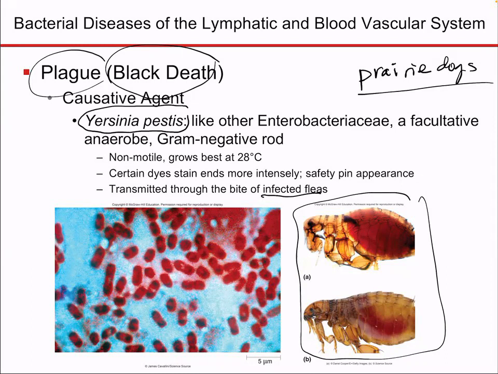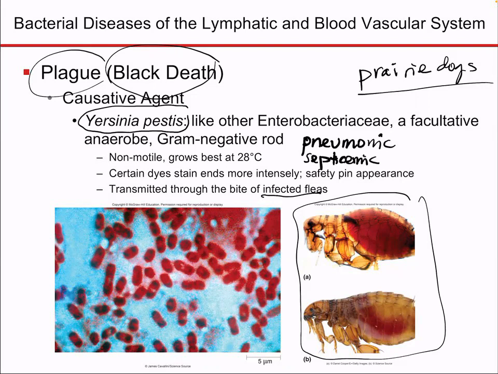There are three forms of plague. We have what is called pneumonic plague. We also have the septicemic plague.